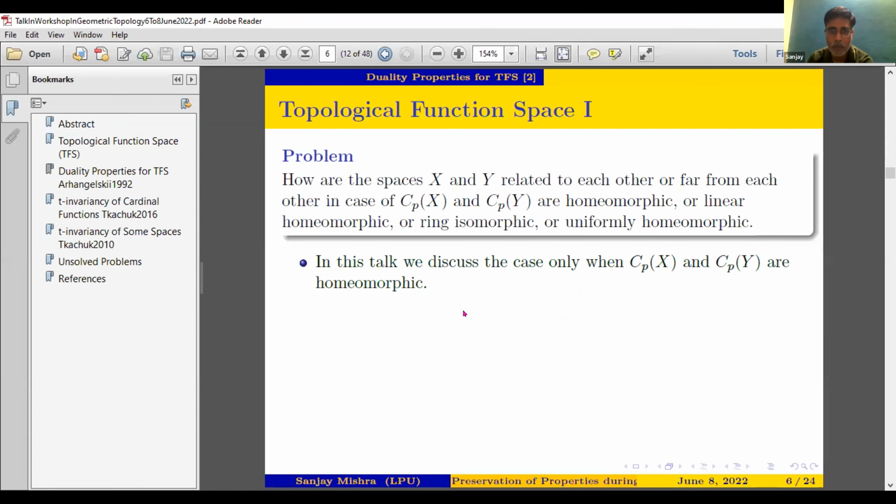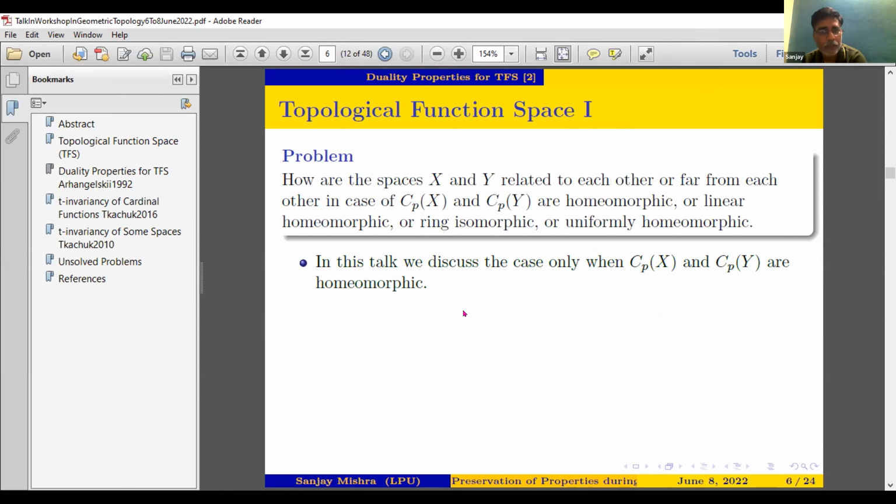Now, what is the problem? How are the spaces X and Y related to each other, or far from each other, in the case where C_p(X) and C_p(Y) are homeomorphic, or linearly homeomorphic, or ring isomorphic, or uniformly homeomorphic?